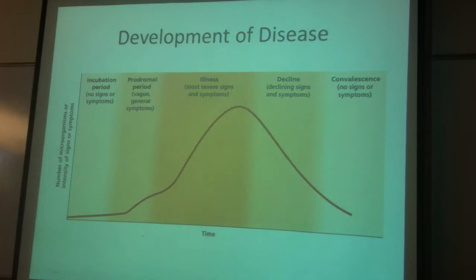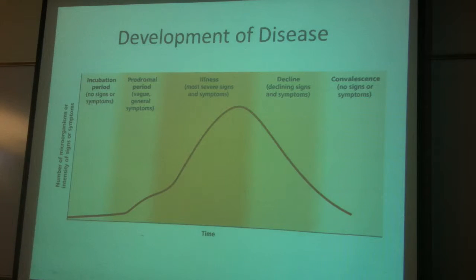Prodromal period, you start feeling sick, it's usually pretty short, kind of mildly symptomatic, then you have the illness. Full bore, your body is trying to fight this off, you don't feel good, you suffer from whatever disease state it is, and you have the signs and symptoms of that disease.